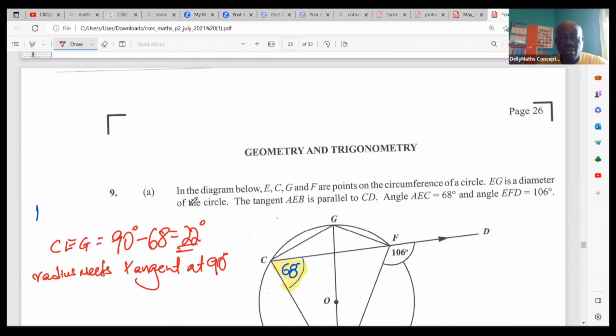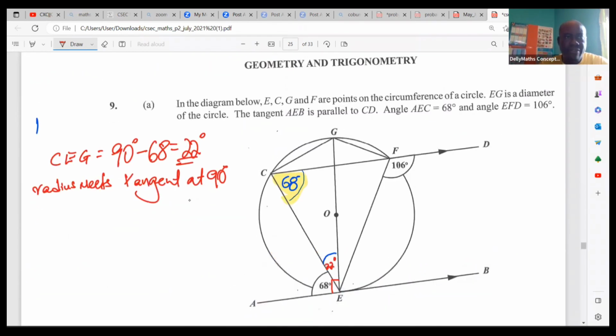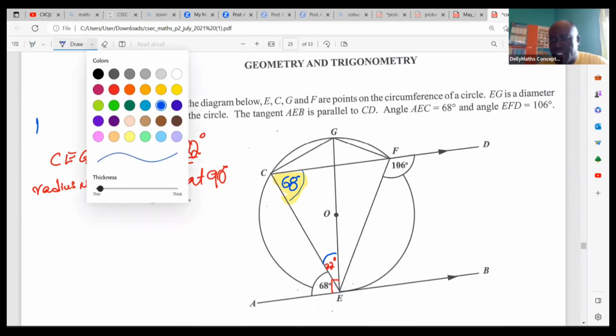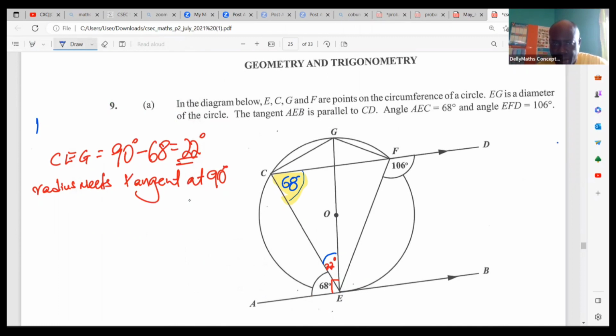So the next question says, let us find CGF. Let's mark that angle CGF. It's all of this angle here. What we're going to do is utilize the cyclic quad, and the cyclic quad is CGFE. So we're definitely seeing the cyclic quad there.